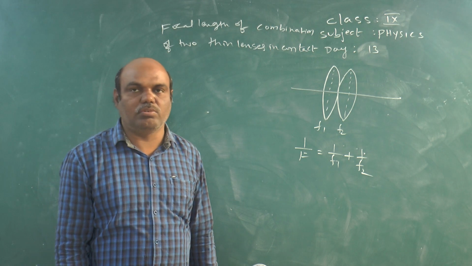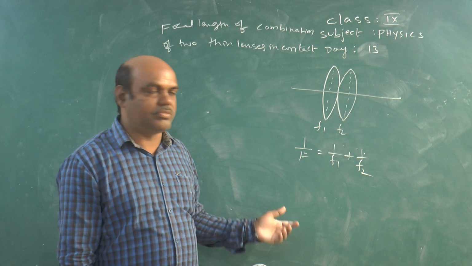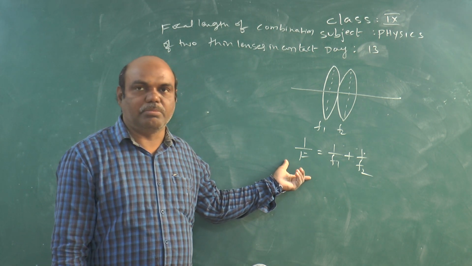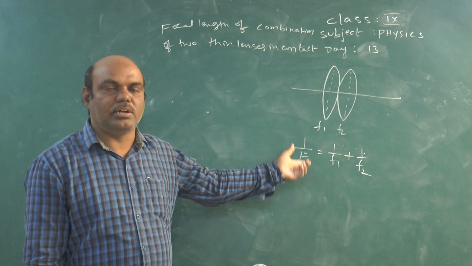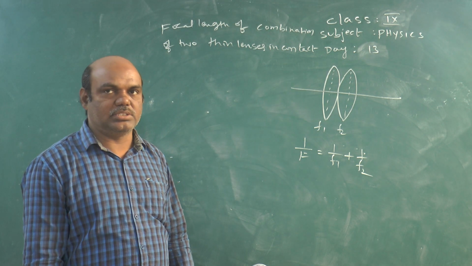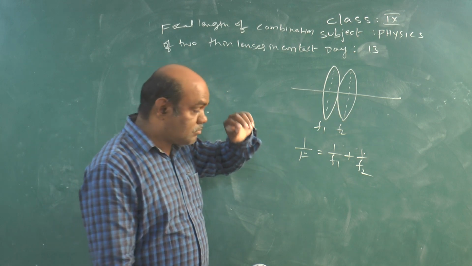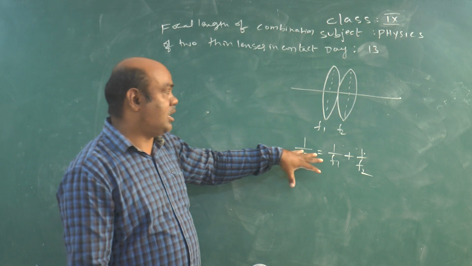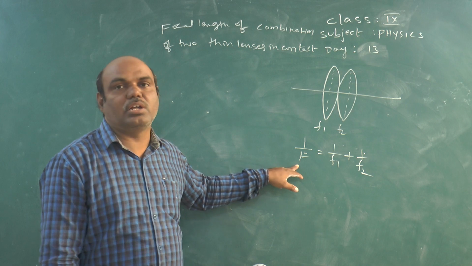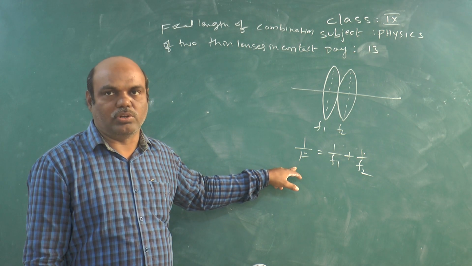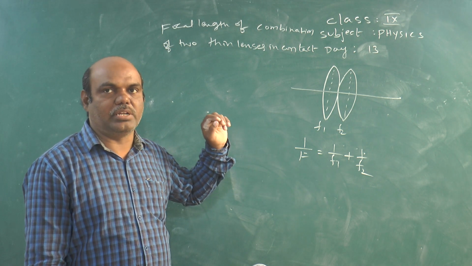Here capital F is nothing but the equivalent focal length of the combination of the lenses. So if both lenses are convex lenses, the resultant is also a convex lens.